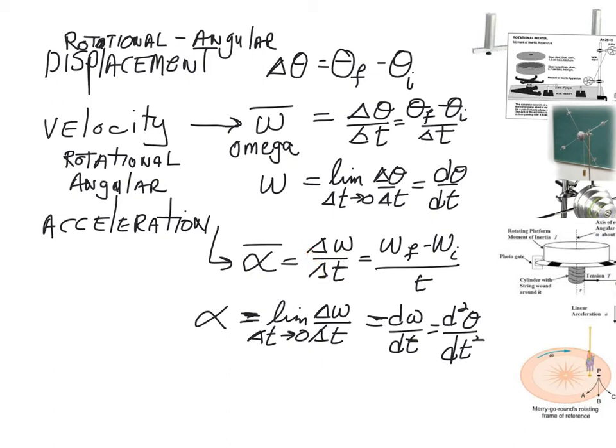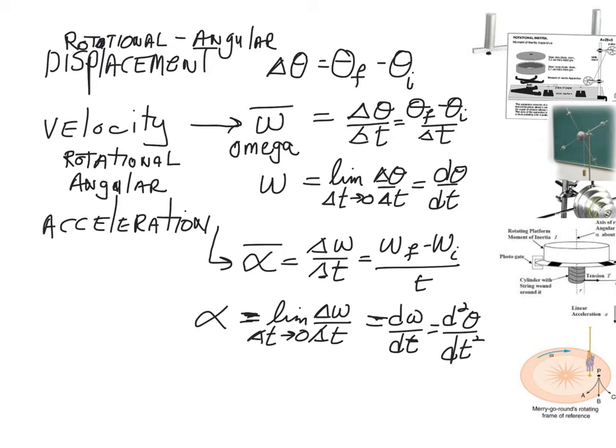And so this gives us the average. Similarly, this gives us the instantaneous, and the ultimate best definition is the calculus definition for that. So these are our definitions. This forms what, in a later video, will be called group 1 of our kinematics equations. The equations that define all the rotational or angular quantities.